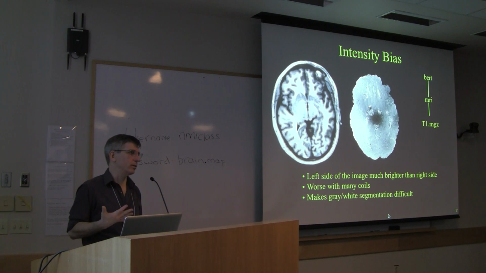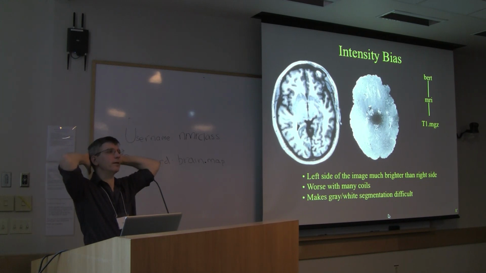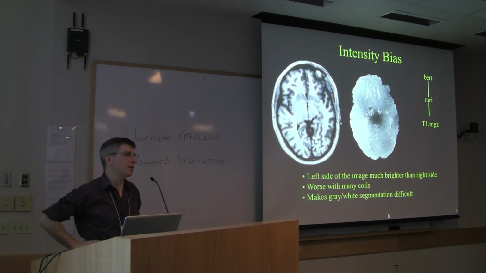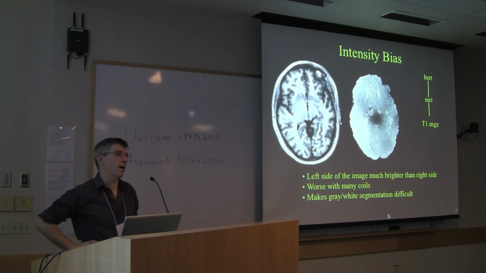It often has to do with the number of coils you have. And for example, the person, when they're laying with their head back into the scanner, the back of their head is going to be closer to coils than the front of their head will be. Usually you try to put some padding in it, but oftentimes the person's head is in there asymmetrically, and that's going to cause parts of the image to be brighter on one side of the head, say, and then in the other side of the head.